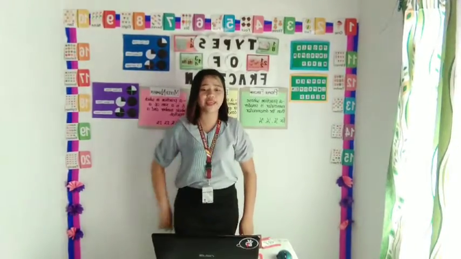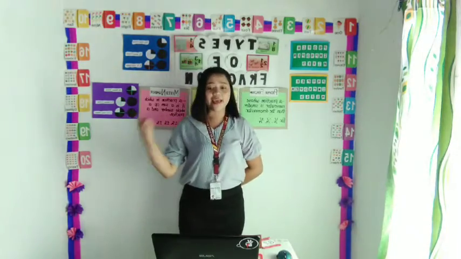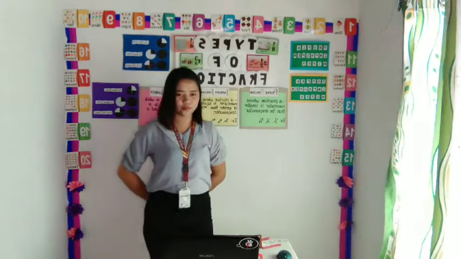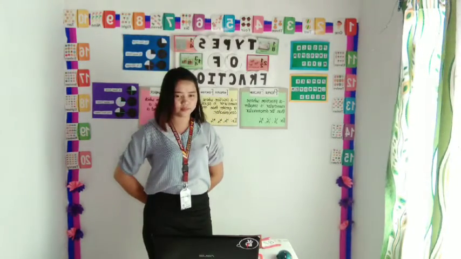Now, before you take our last activity today, I am going to ask you a question. How would you know if the fraction is a proper fraction, improper fraction, or a mixed number? A fraction whose numerator is less than the denominator is called a proper fraction.